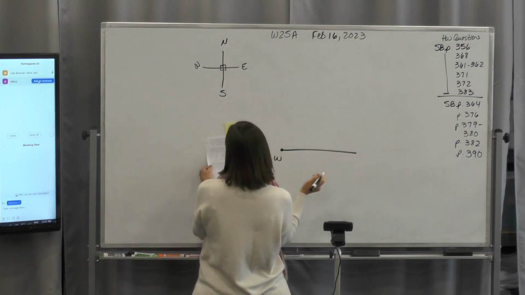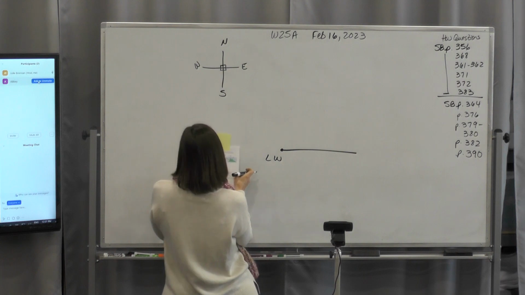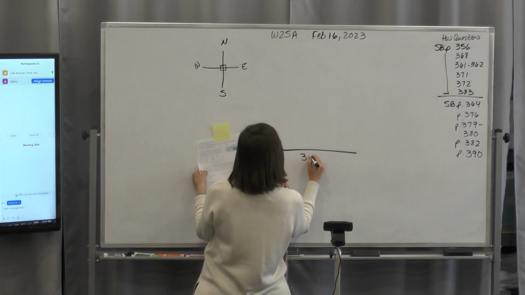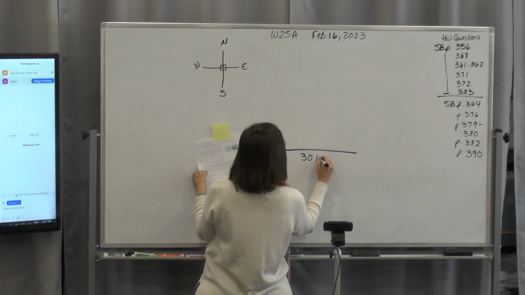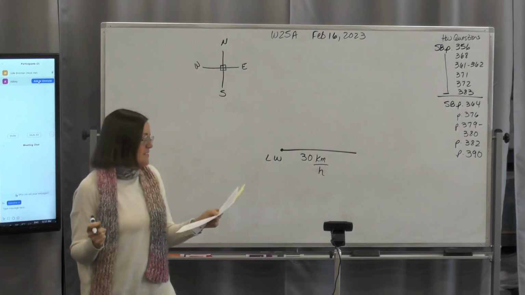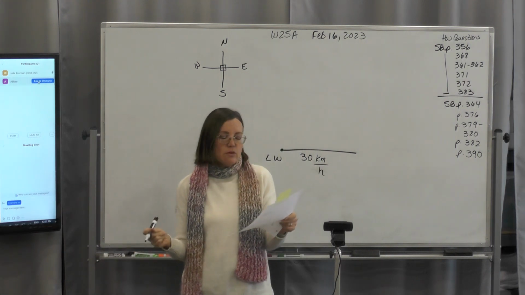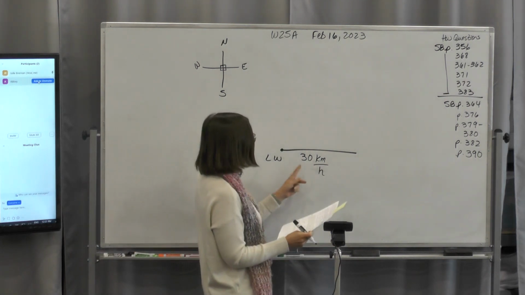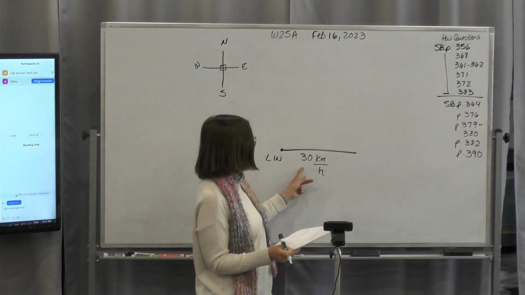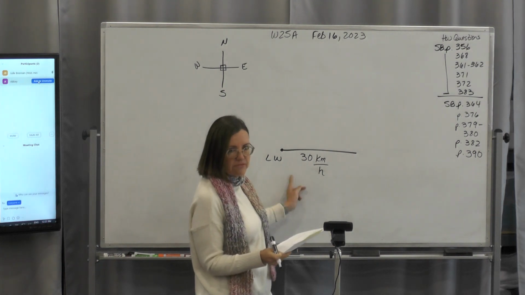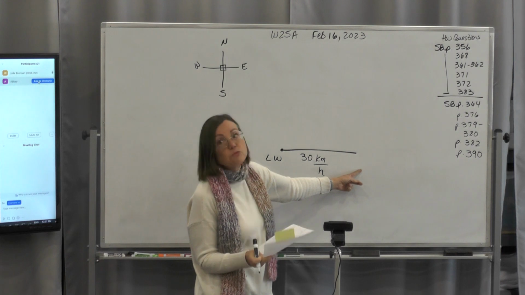And again, I'm using this here. So he goes due east, and he averages a speed of 30 kilometers, not miles, 30 kilometers per hour. This will allow him to arrive in 4 hours. Okay, if he is going 30 kilometers per hour, how far away is this distance if he drove for 4 hours?